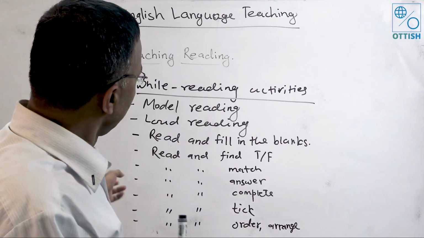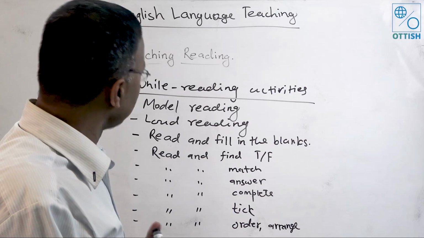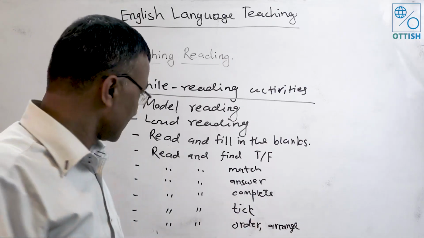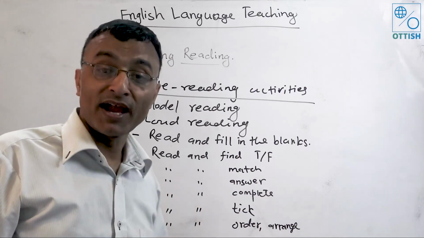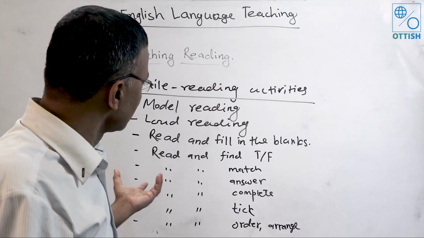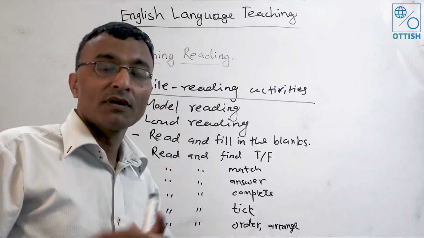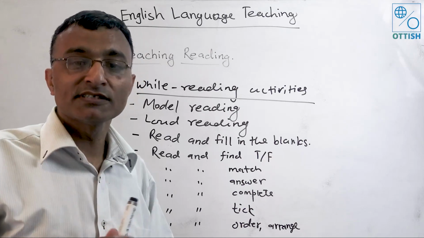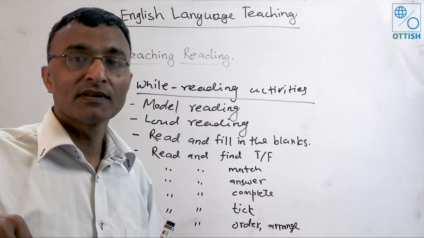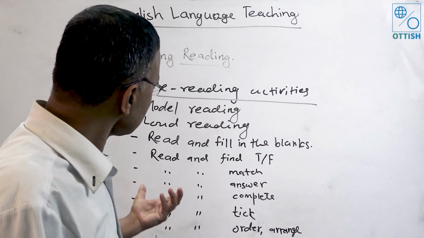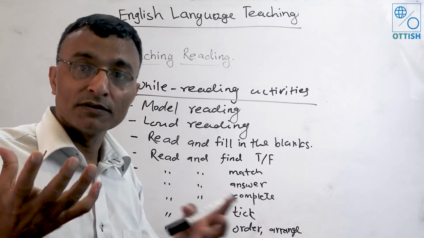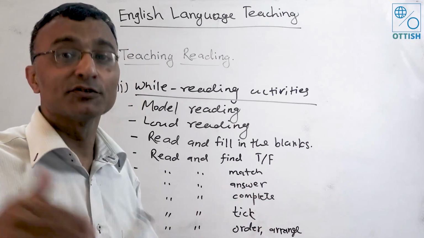And in the while reading phase, some guessing activity can also be done. By reading the text, the students can be given guessing questions, such as what happens next, or what is the reason for it, according to the text.